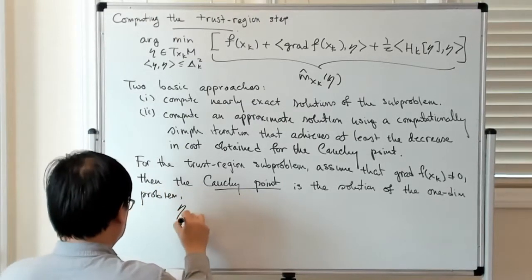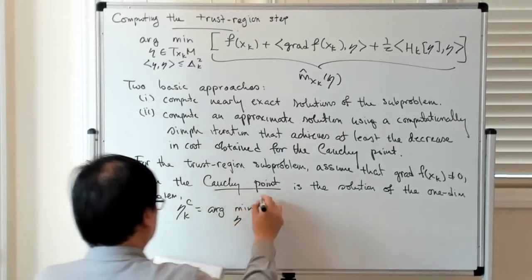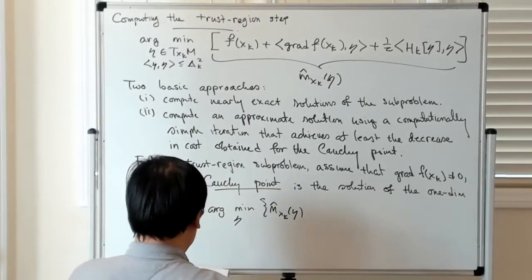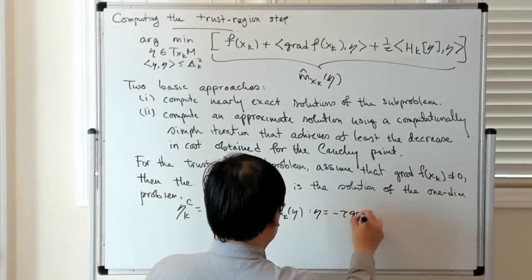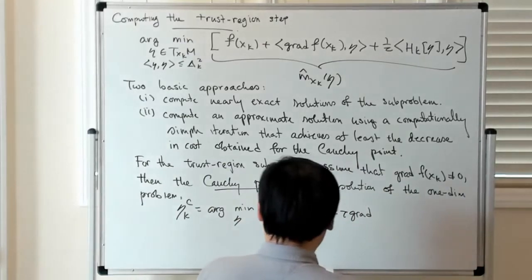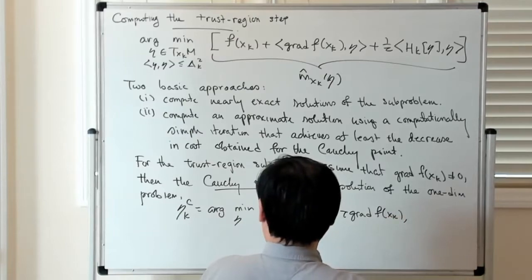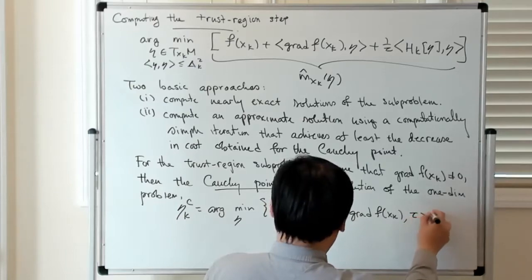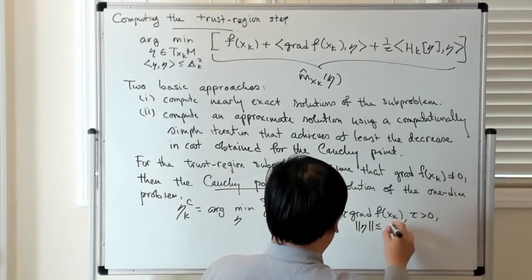So it's the arg minimizer of m hat xk in a particular direction, where this is negative tau times the gradient of f at xk, and tau is greater than 0, and the norm of this is less than or equal to delta k.